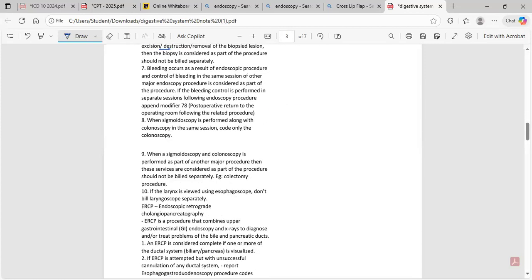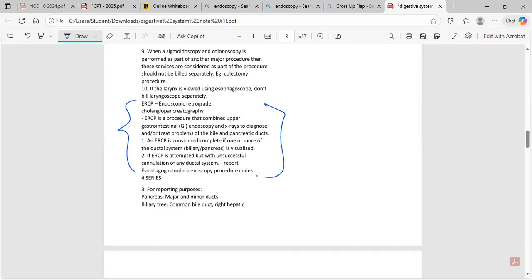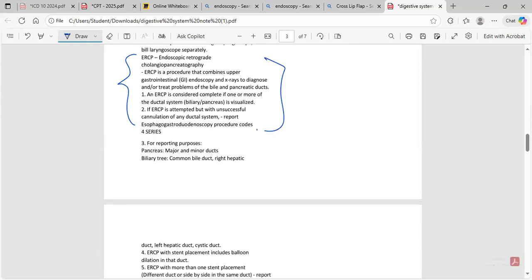Let me see if we can find any particular code for the ERCP, because this is a little bit difficult. Just give me a second. 43267.